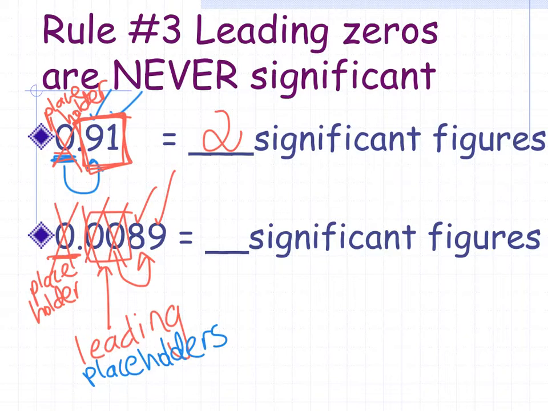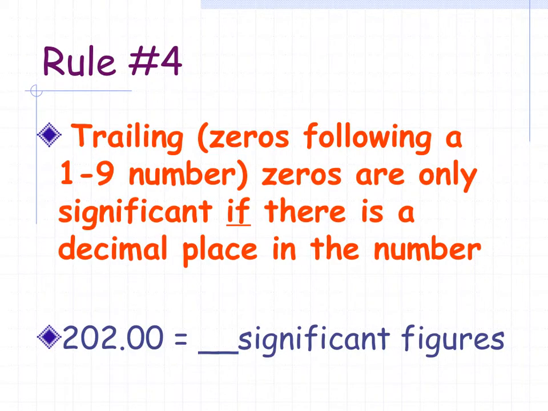But they are not part of my measurement. So when I'm saying what part did I actually use to measure, I only use the 8 and the 9 to show whoever I'm communicating to what my number represents. This is only 2 significant figures. Those zeros are placeholders.